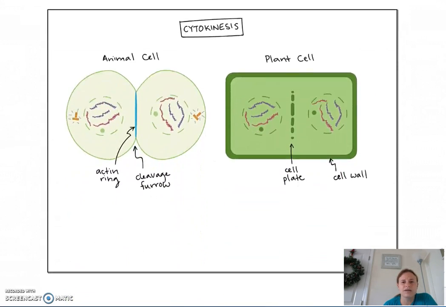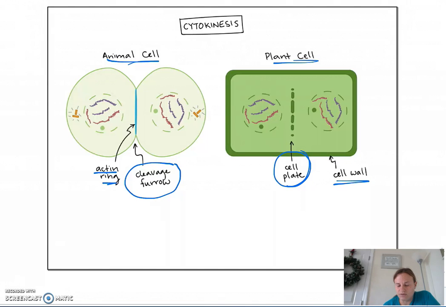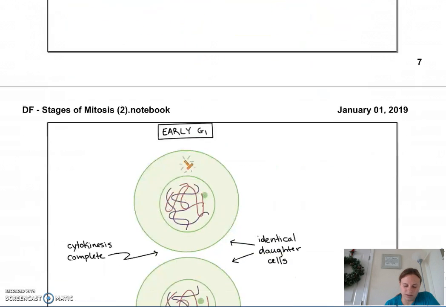So lastly, cytokinesis is the division of the cytoplasm. So once mitosis is over, cytokinesis can take place, but cytokinesis is slightly different depending on if this mitosis is occurring in an animal cell versus a plant cell. So in animal cells, you'll have a cleavage furrow forming, which includes an actin ring, whereas in a plant cell, what you form is your cell plate, and it gives rise to cell walls.